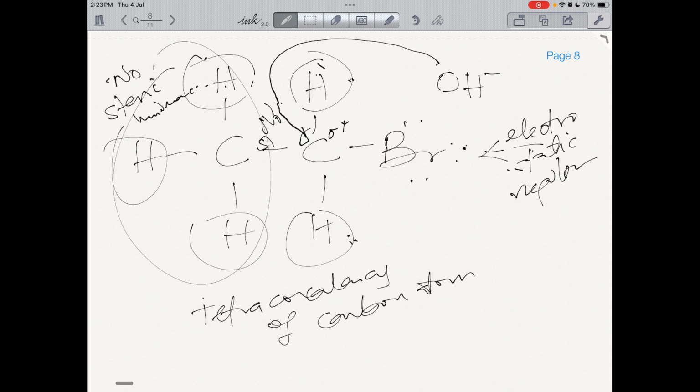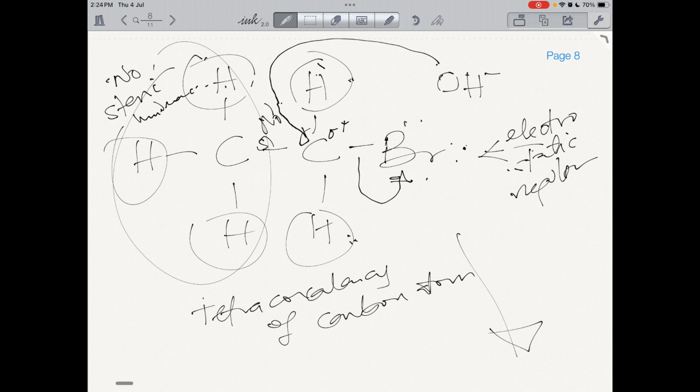Tetracovalency means that a carbon atom can host 4 covalent bonds around itself, which gives it a stable octet structure. But this nucleophile OH trying to form a bond here is creating a fifth bond, so the halogen would have to leave. Halogens are usually good leaving groups; they depart easily.